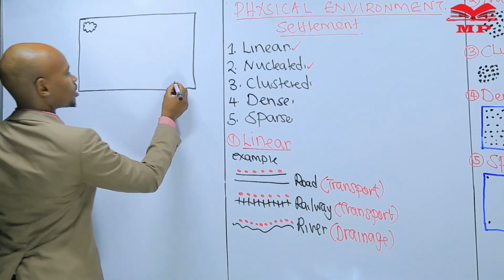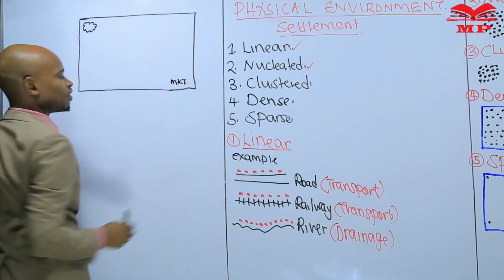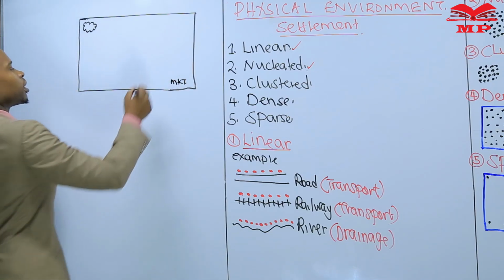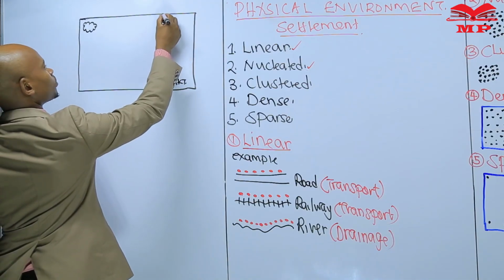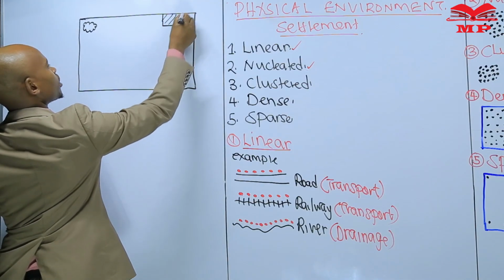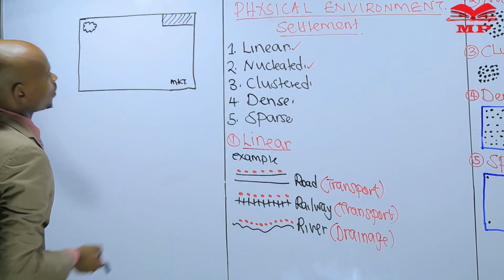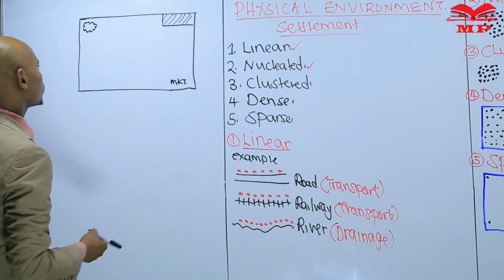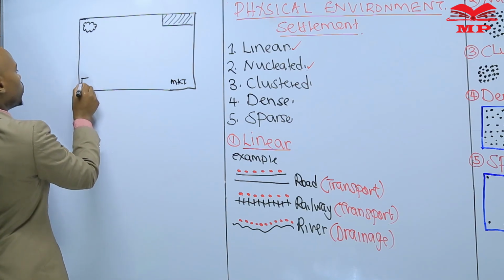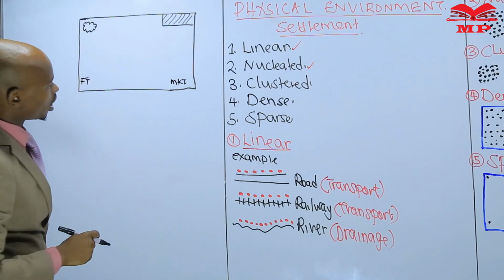We have a market here. We have a market there. We have a plantation here. We have a plantation here. Maybe a coffee plantation. Maybe here we have fish traps around that area.